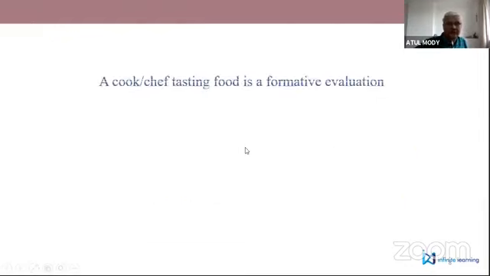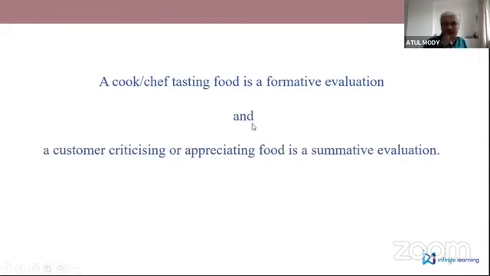And that is why, of course, the simplest way of talking about formative and summative evaluation is that a cook or chef tasting food is formative evaluation, and a customer criticizing or appreciating food is summative evaluation. This is what a well-known educationist, Paul Black, says.